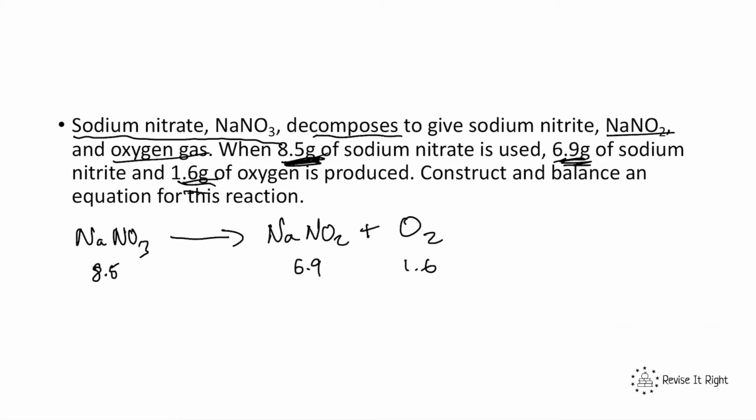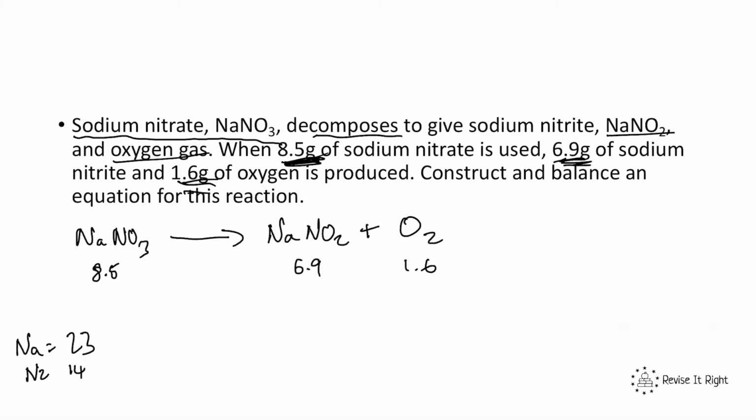Then you've got to work out the Mr of each of them as well. Remember, if you don't know how to work out the Mr, go back and watch that video. So we've got sodium, Na, and on the periodic table the mass of Na is 23. Then nitrogen, N, is 14, the larger number.